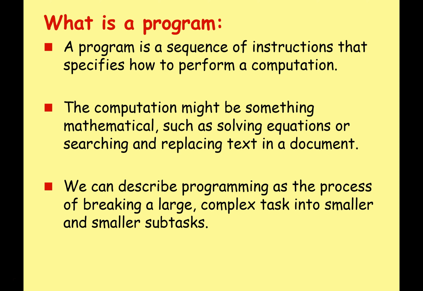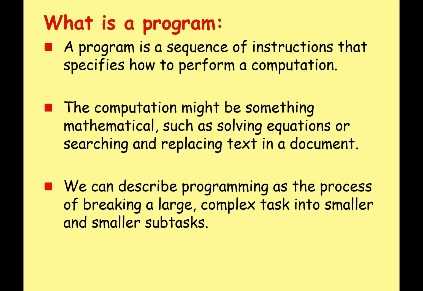A program is just a sequence of instructions that specifies how to perform a computation. And this might be something mathematical, for example, solving equations, or it might be searching and replacing text in a document. Early computers in the 1940s and 50s were usually just carrying out basic mathematical operations. They could just do it a lot faster than people.